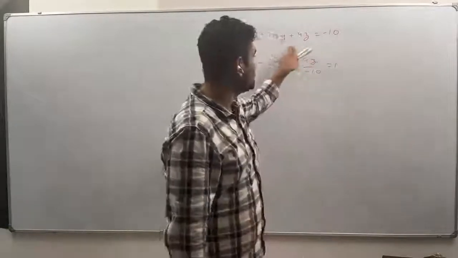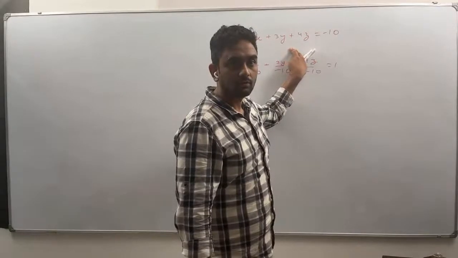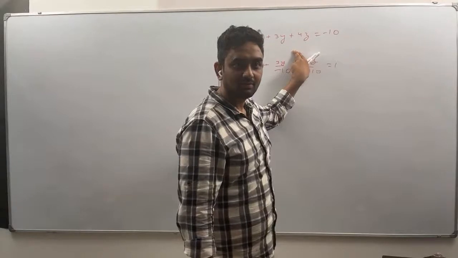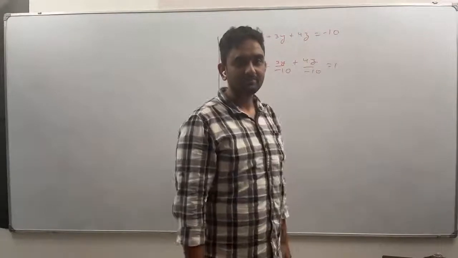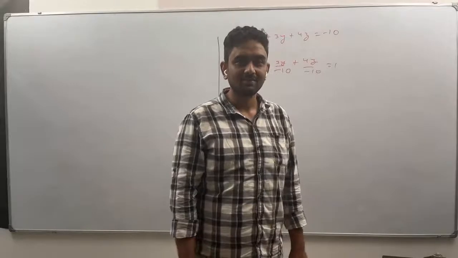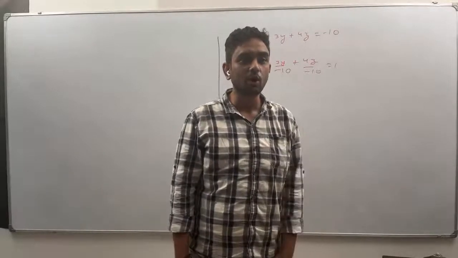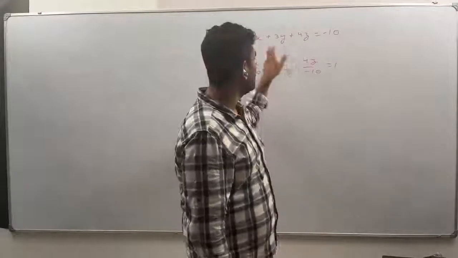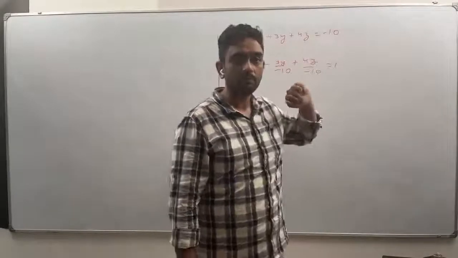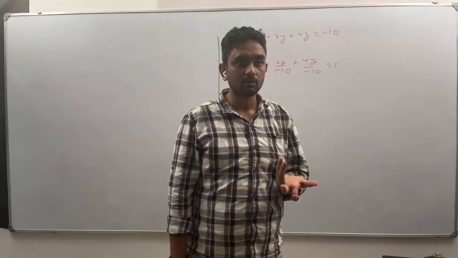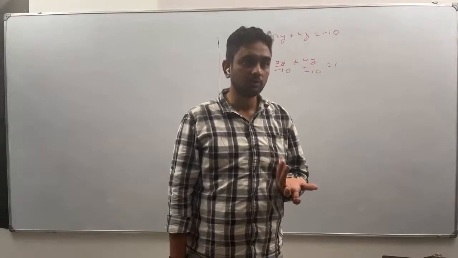If I ask you what the normal of this plane is, the answer will be 2i cap plus 3j cap plus 4k cap. This is the normal vector of the plane, and this is the equation of the plane.